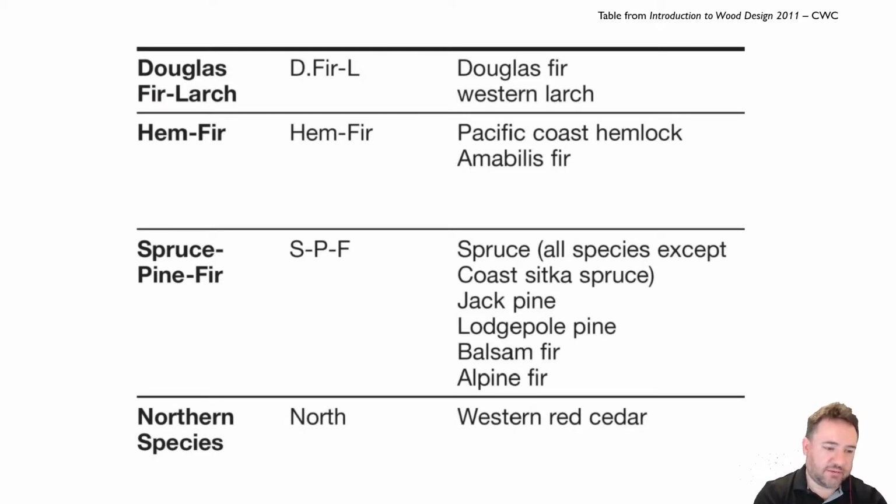So if I get a piece of lumber from Home Depot or something, it could be jack pine, could be spruce, could be balsam fir. It depends on where exactly you are and what the lumberyard is that they source the materials from. And likewise in the West, a common species is Douglas fir. Douglas fir larch, for example, is something that you typically find in the West, but not so much in the East.